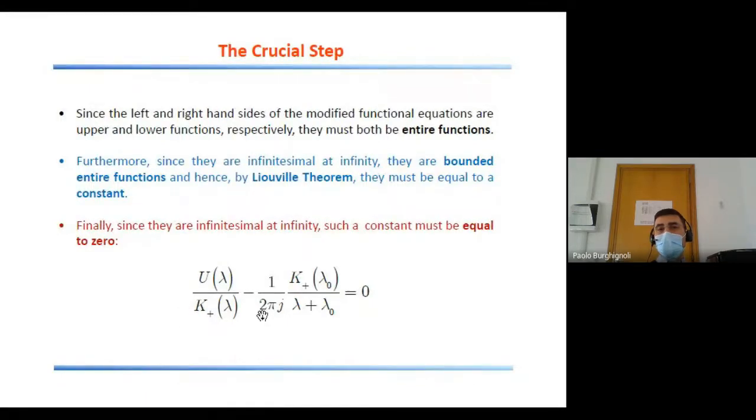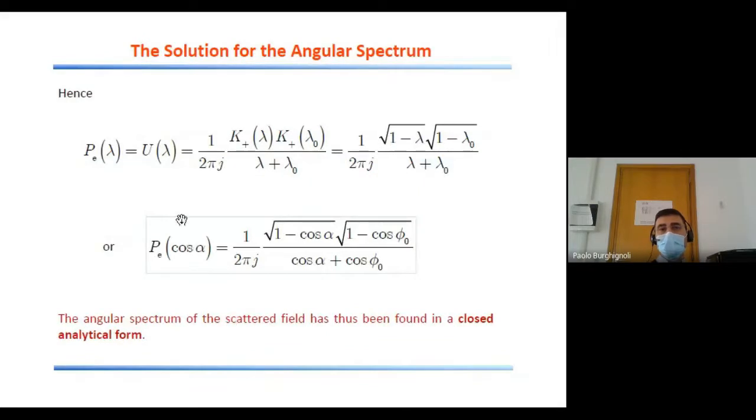So the spectrum, that is the upper function u, because it is known. If you do that, you will discover that the spectrum is given by the ratio between k plus and lambda plus lambda 0, divided by lambda 0.